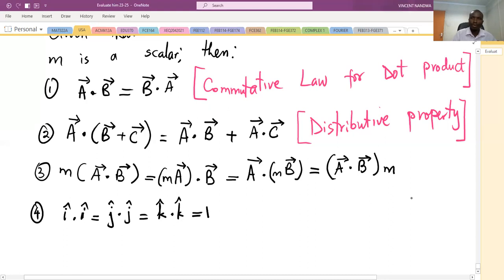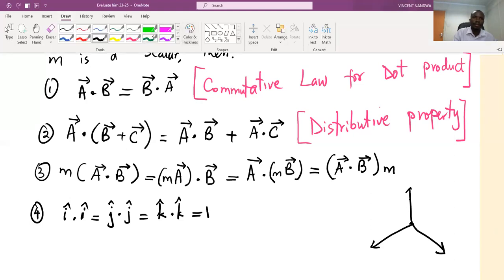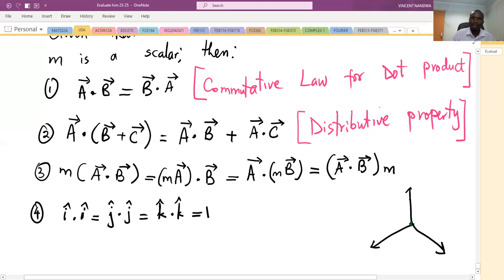So for these i, j, k vectors, remember this is the X, Y, Z axis. So usually this is the k, this is the i, this is the j.